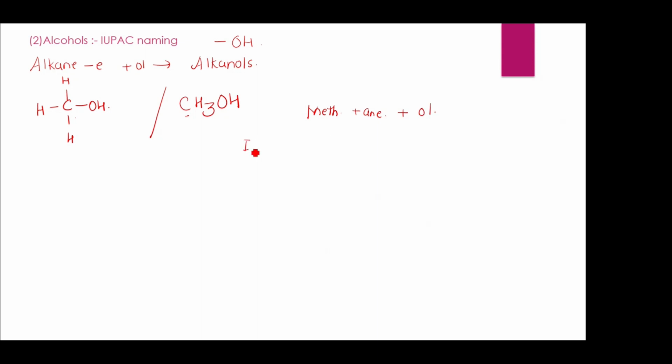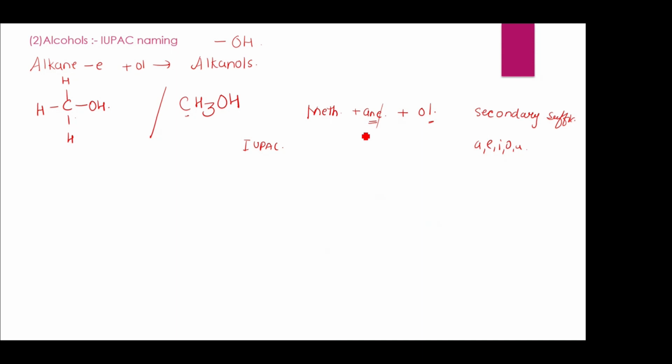So the IUPAC name of this is, see, one important thing you have to remember is whenever the secondary suffix, that is the functional group, starts with any vowel, so any vowel means A, E, I, O, U, then in the alkane the e is dropped out.